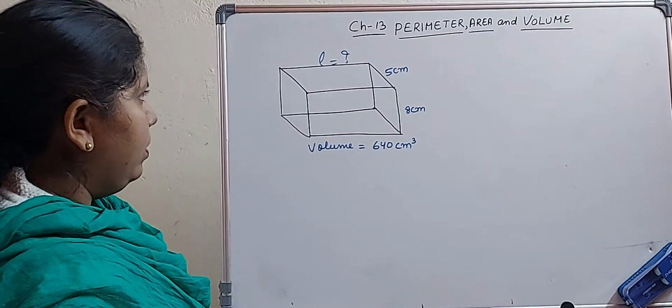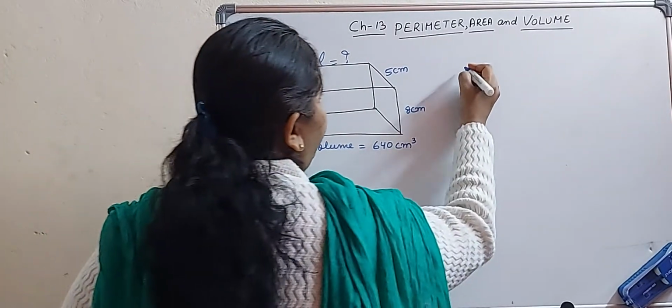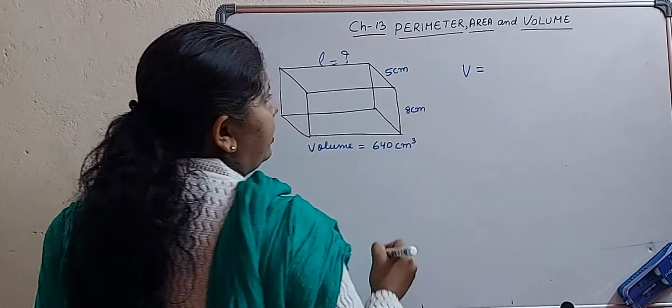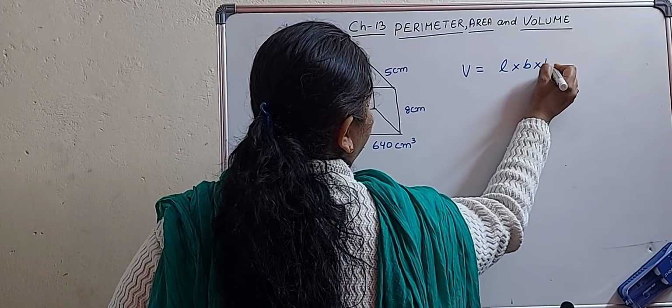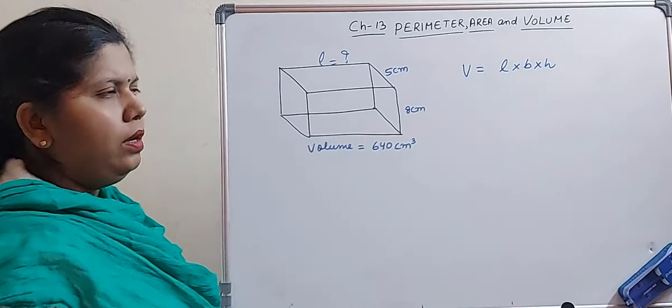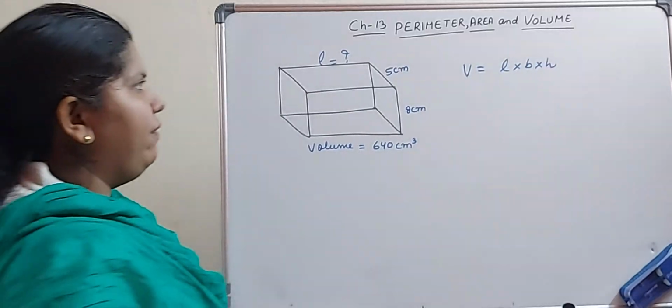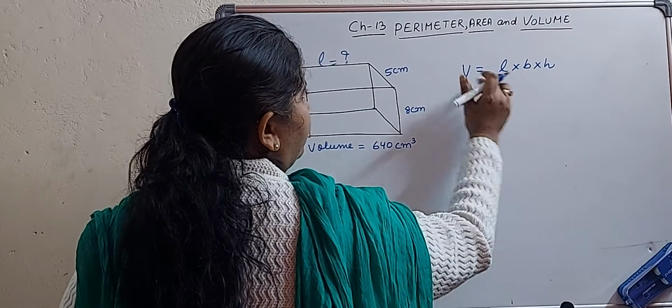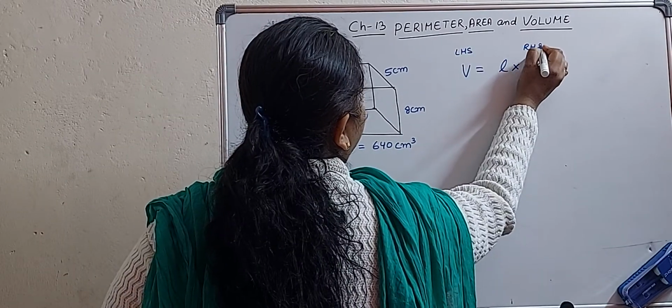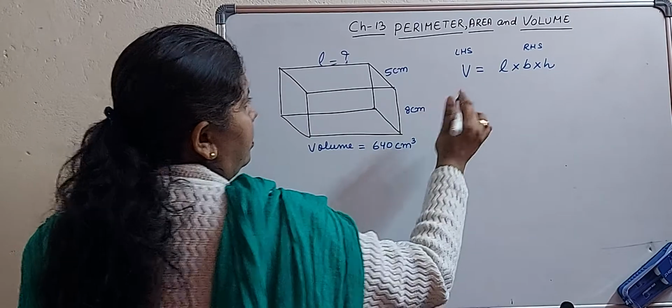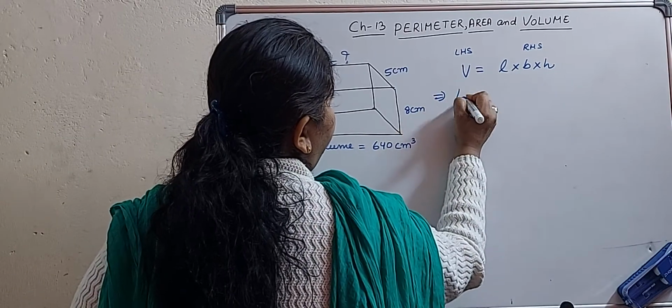What we know here, we know that volume of the cuboid is equal to L into B into H. Now, if I have to take out L, so this is my LHS and this is my RHS. First, let me interchange these two sides, what will I get?